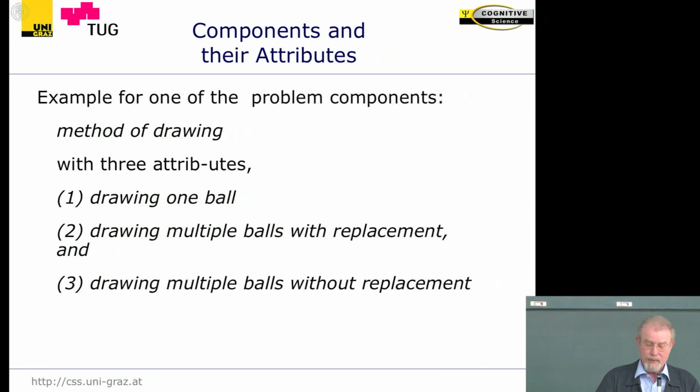The three attributes are drawing one ball, drawing multiple balls with replacement, and the third attribute is drawing multiple balls without replacement. And you easily can imagine, if we assign to these attributes the demands, then probably attribute number 3 is the most difficult one, and attribute number 1 is the easiest.